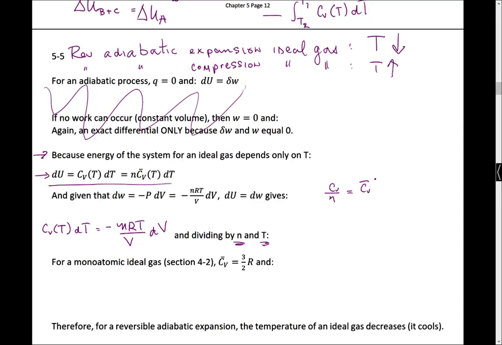So heat capacity divided by n is the same as the molar heat capacity. So on the left side, I will have the molar heat capacity over T dT. And that in turn is going to be equal to minus R dV over V. Okay? Does that make sense?